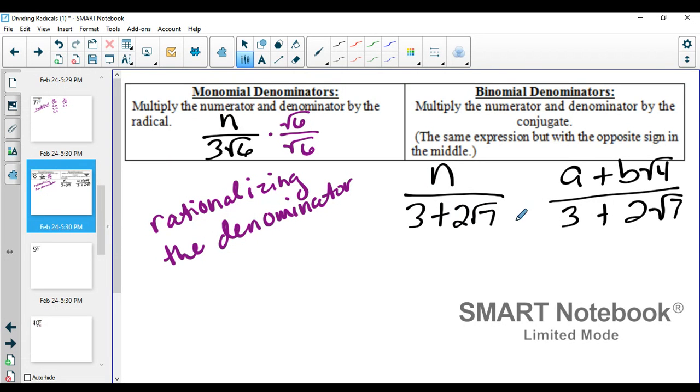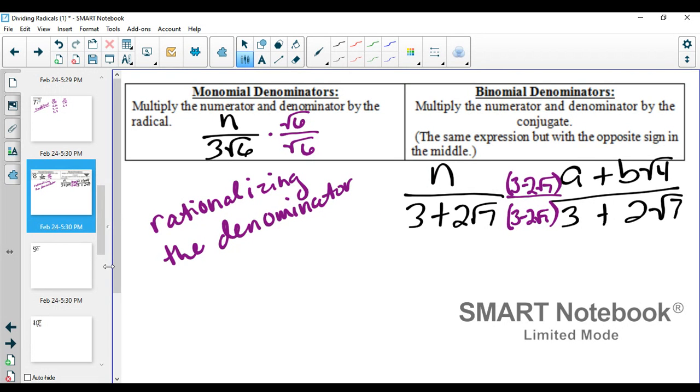So in this case, we would multiply by 3 minus 2 square root of 7, and we would do that on both the numerator and the denominator. So if you get to any point where you have a radical sign in the denominator, you have to do one of these two processes. And we'll talk about how to multiply them when we get to some more examples. This is just how you set them up.